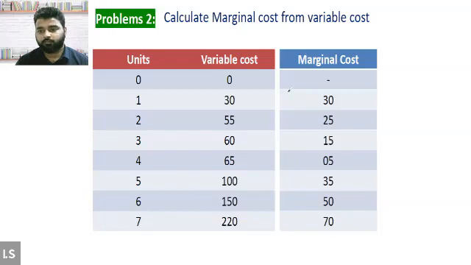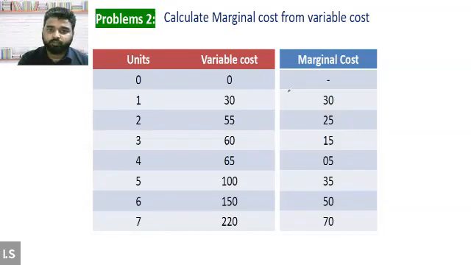So, sir, does that mean when there's no 0 unit, this doesn't apply at first unit, MC will be equal to... No. See, whenever variable cost is given to you at first unit, you will write the marginal cost equal to the variable cost. There is a logic behind that. Prior to 1 unit, how much unit must the producer be producing?